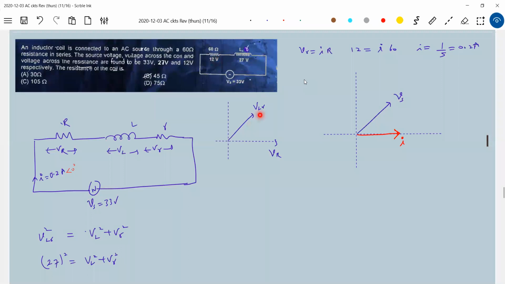Okay, now that VLR, where do I show it here, will it be between VS and I, or should it be here? The resultant of these two, VLR and VR, is this VS, no? So the VS will come somewhere here.